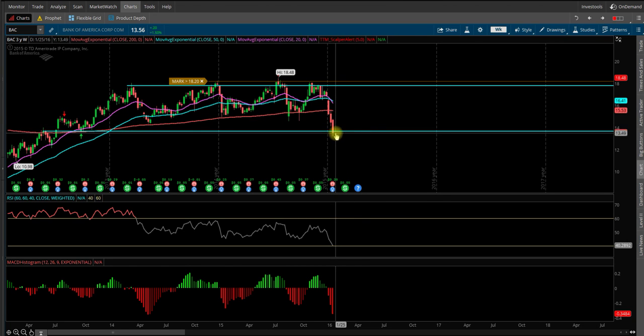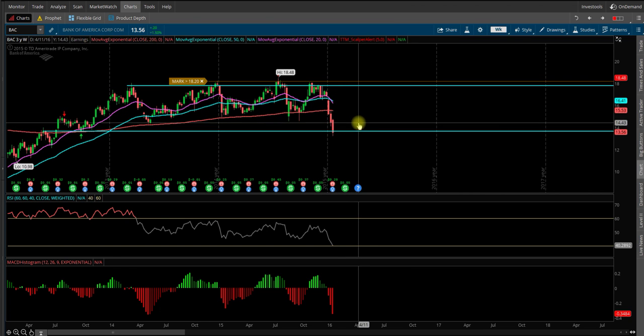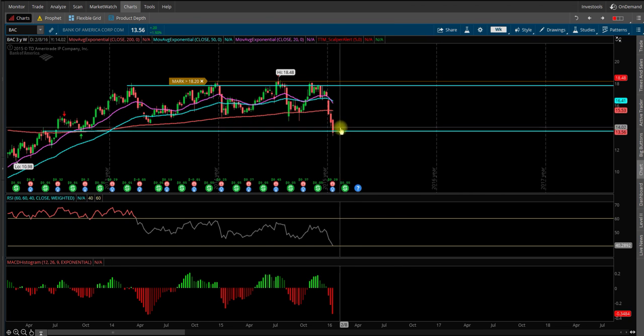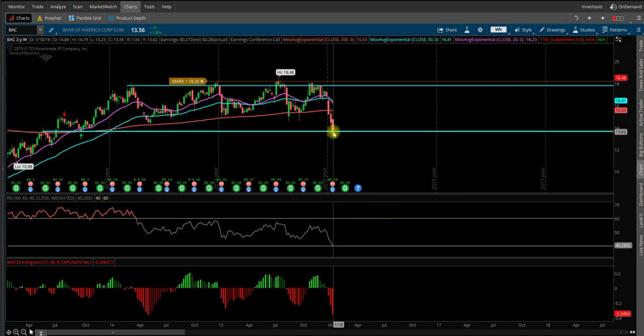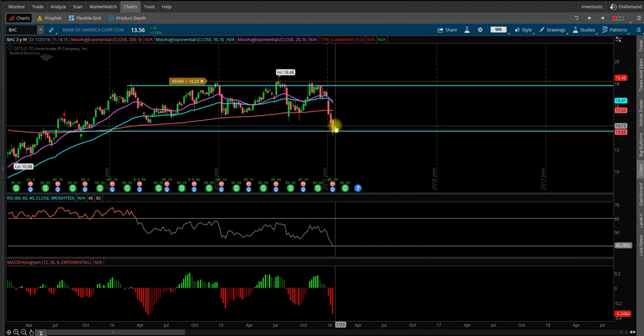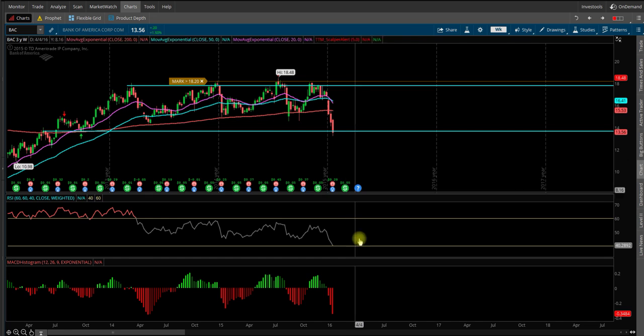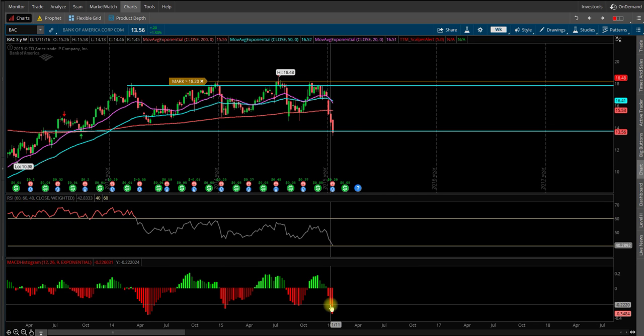But again, I don't like this because it's just starting to have this flush on it. You might get a little bit of a bounce. I like to see things play out a little bit longer than just trying to catch the falling knife, as they would say. I'd like to see a couple of candles. I'd like to see a turnaround first. Right now, everything is very negative.